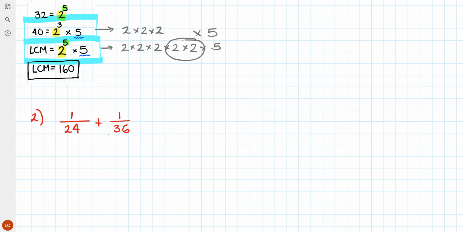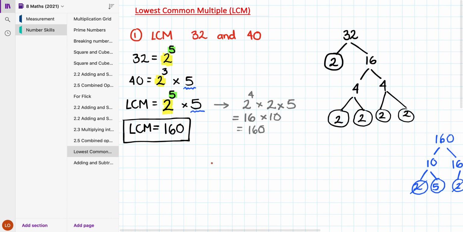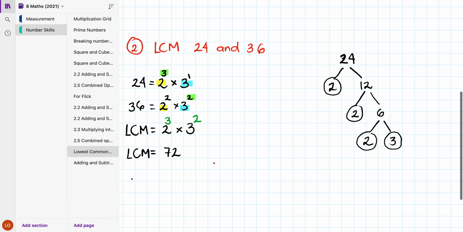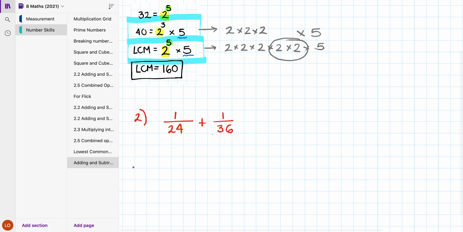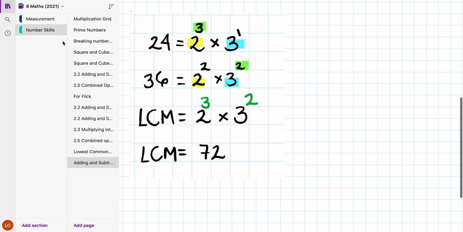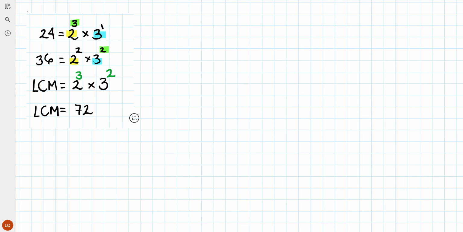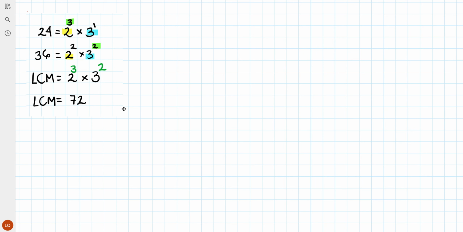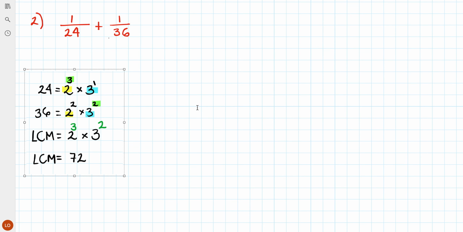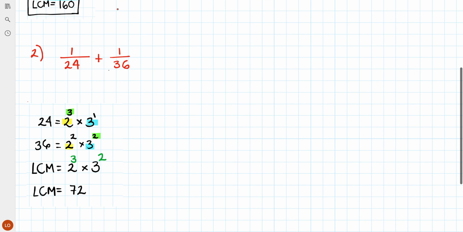Again, I'm going to take a photo of what we did before and paste it here, just a little bit smaller. So my lowest common multiple is going to be, as I said, 72. That's what we did in the previous video.